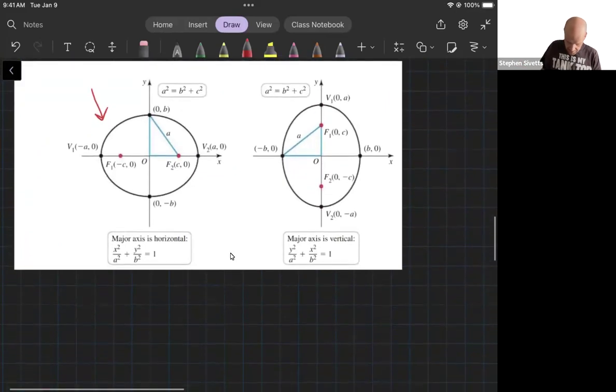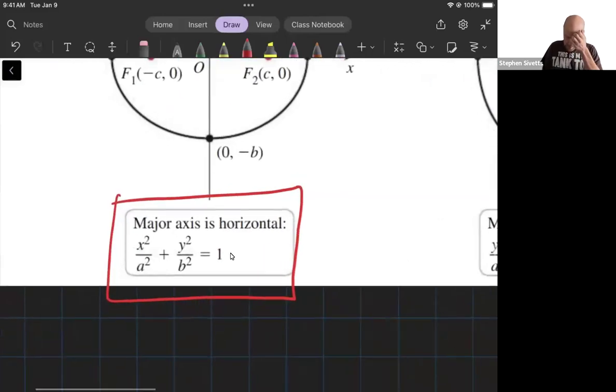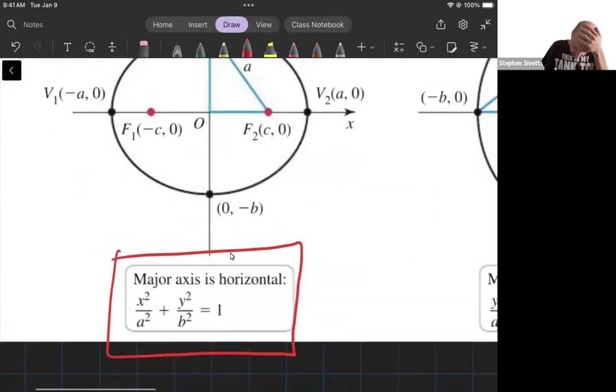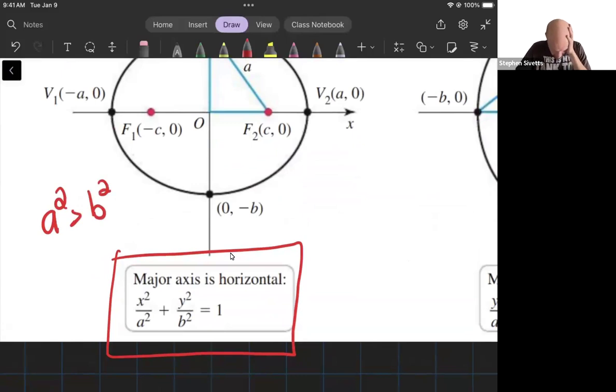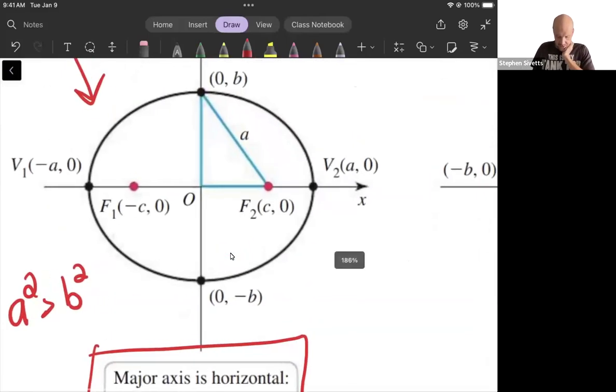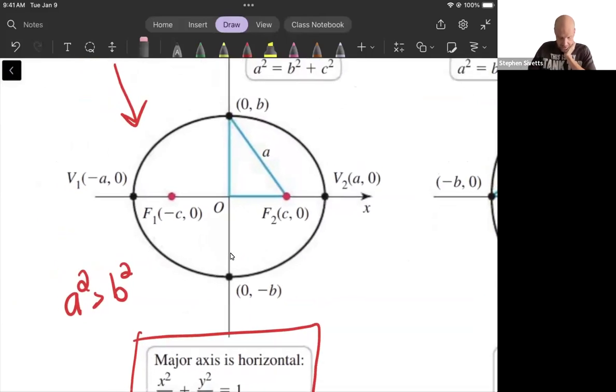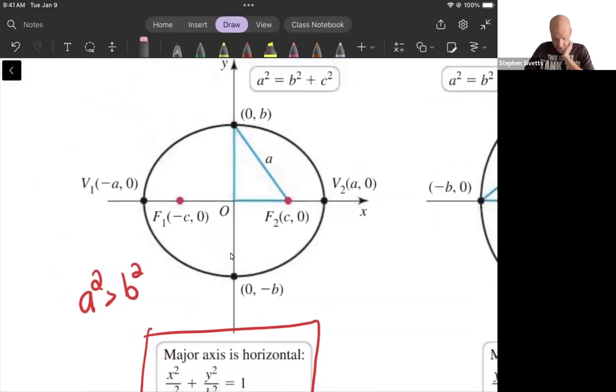So in that sense, this would be the equation of the ellipse if the major axis is horizontal, right? So we're supposing that the a squared quantity is bigger than the b squared quantity, right? x squared over a squared plus y squared over b squared is equal to 1, okay? And this is the illustration of what the ellipse will look like if the major axis is horizontal, right?